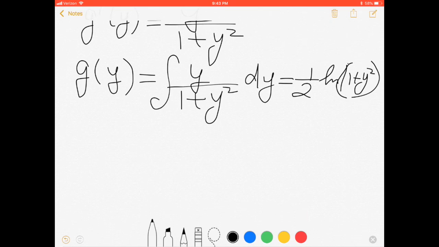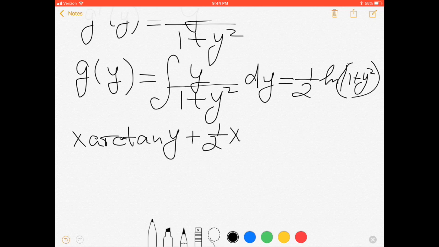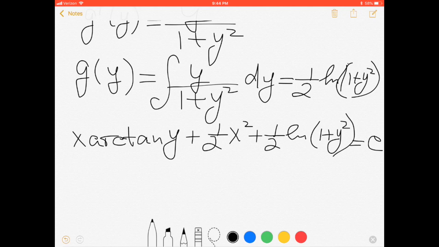It will be x arctan y plus 1/2 x squared plus 1/2 natural log of 1 plus y squared, equals some constant c, where c is any number.